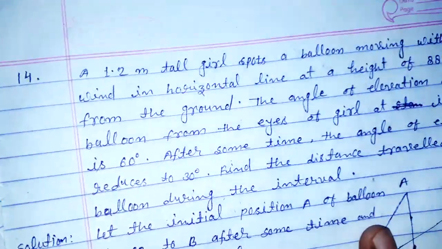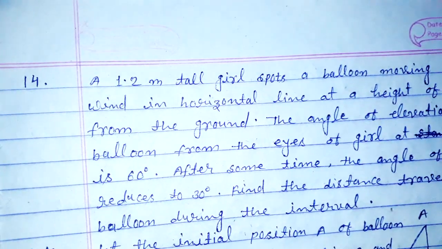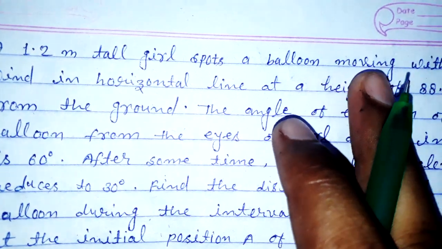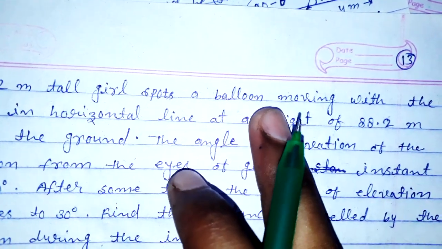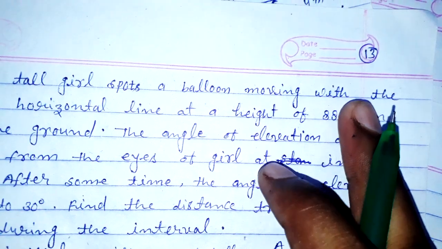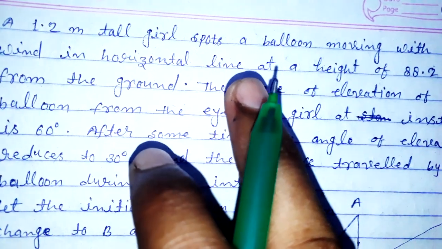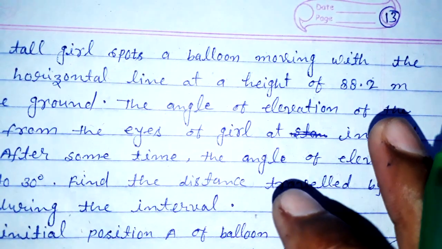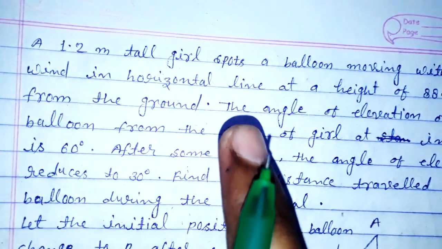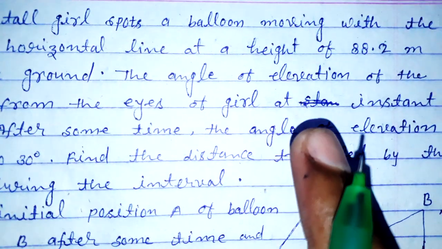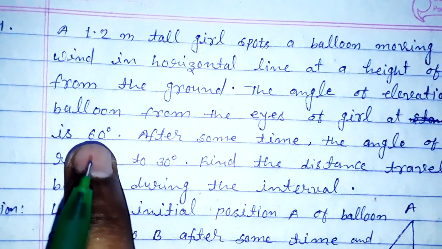Next question is 14. A 1.2 meter tall girl spots a balloon moving with the wind in a horizontal line at a height of 88.2 meters from the ground. The angle of elevation of the balloon from the eyes of the girl at this instant is 60 degrees.